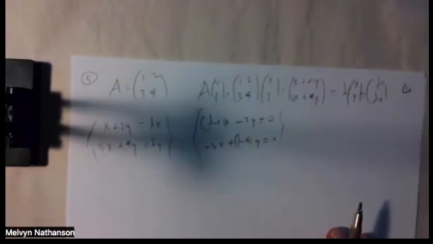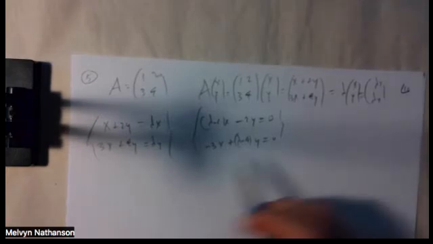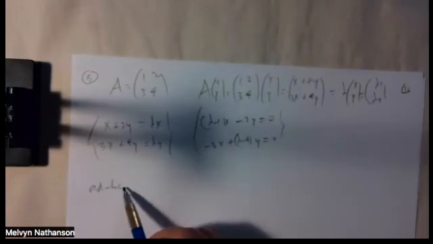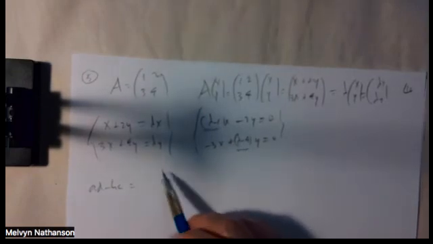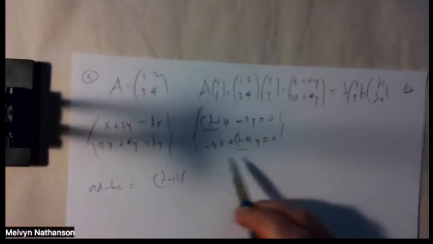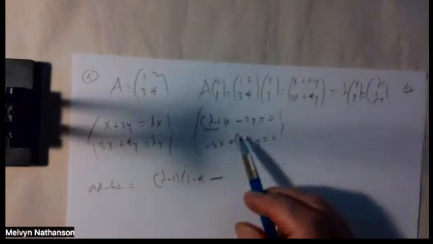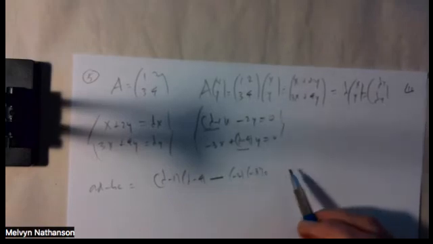So I want to know for what lambda there is a non-trivial solution, non-zero x and y, to these two equations. So I look at this determinant, AD minus BC. This is A and this is D. So lambda minus 1 times lambda minus 4, minus BC, minus 2 times minus 3.